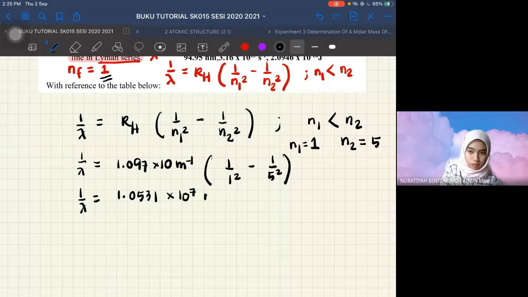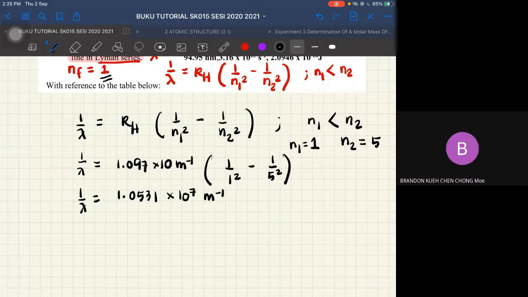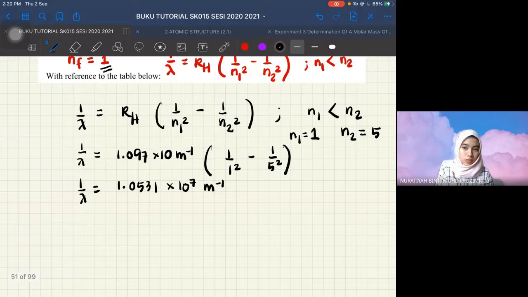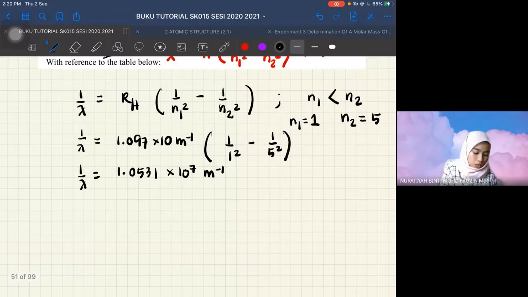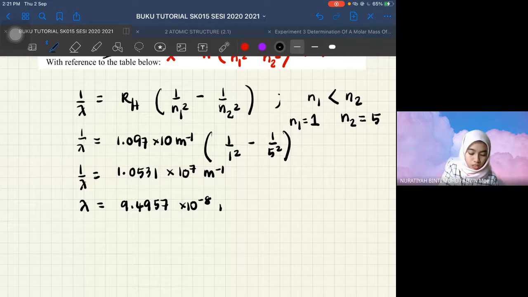Correct? Yes, per meter. Okay, what you do next for lambda is swap places, so 1 over that, and you will get 9.4957 times 10 to the negative 8 meter.